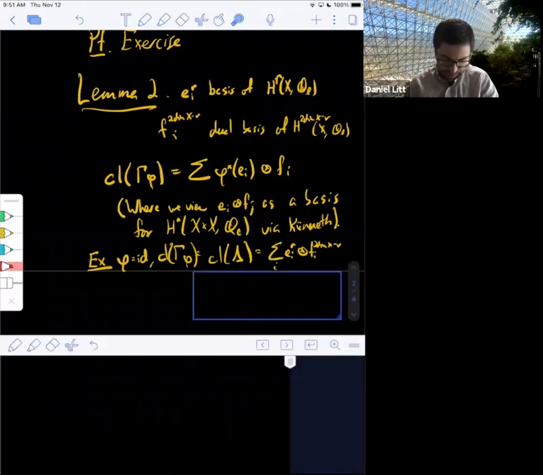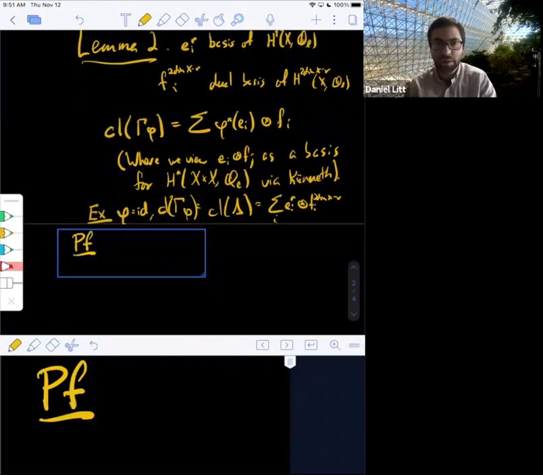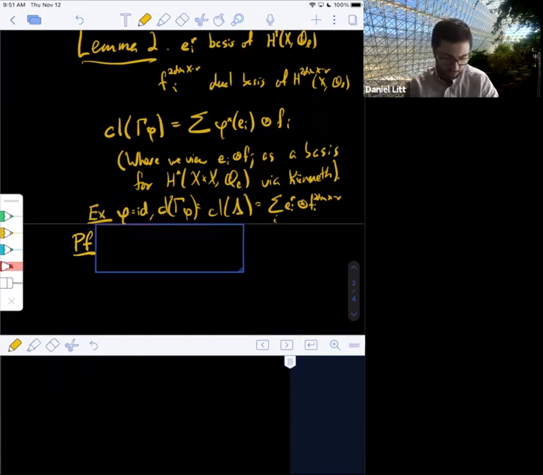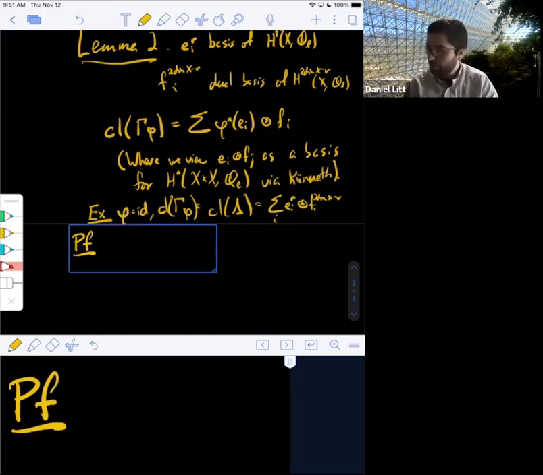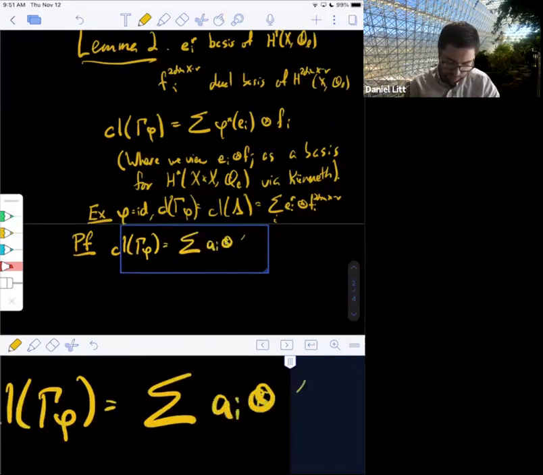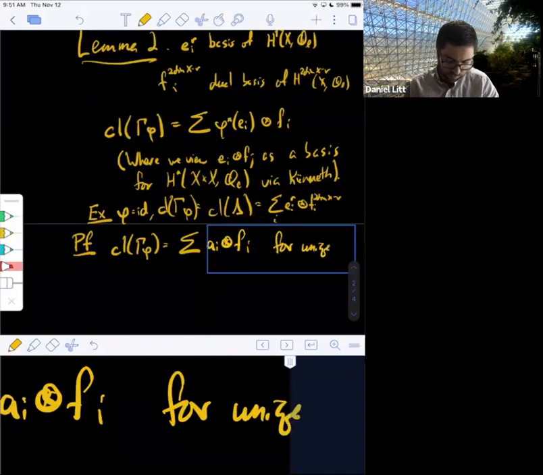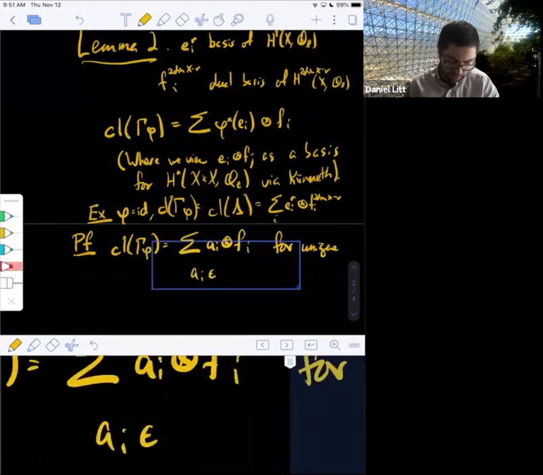All right, so let me sketch the proof of this. Are there any other questions before I sketch the proof? First of all, we can immediately write the class of gamma phi as the sum of some a_i tensor f_i for unique a_i in the cohomology of X, Q_l.